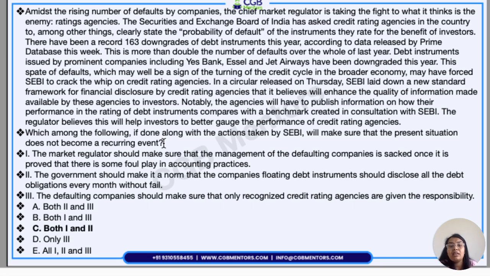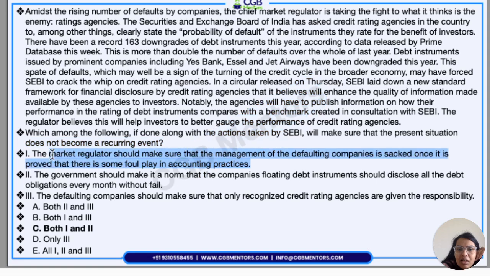Now please understand this. This is a question where maybe you have to assume or suppose. If done along with the actions taken by SEBI. So what actions is SEBI taking here? It has laid down a new standard, a framework. So the market regulator should make sure that the management is sacked once it is proved that there is some foul play in the accounting practices.